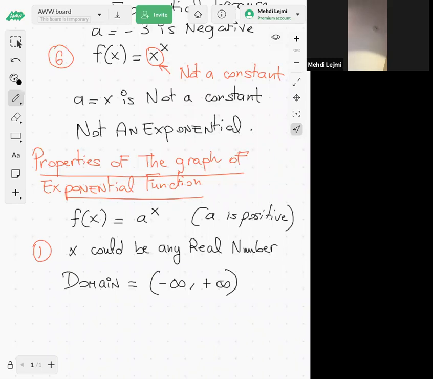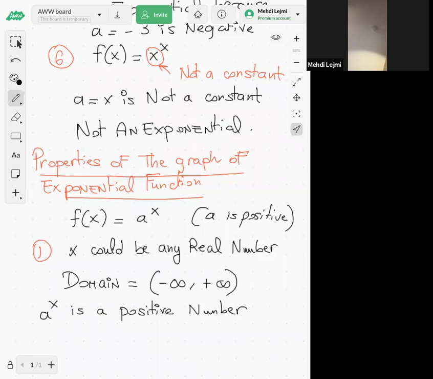Now, what about the range? Well, here, because a is positive, a is some positive constant to the power x. So a to the power x is going to be a positive number. So because a is positive, a to the power x is a positive number.